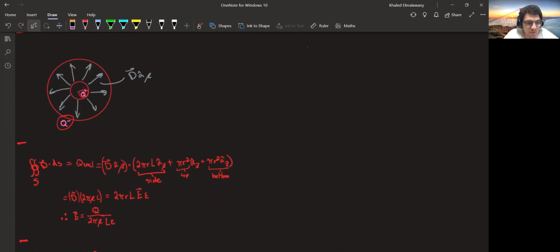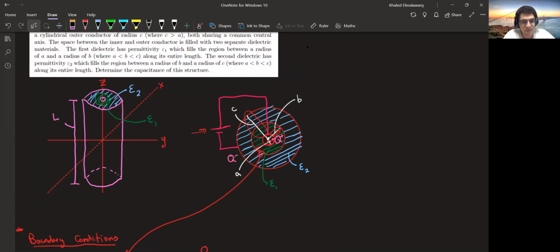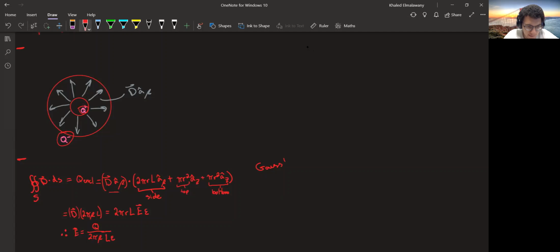Okay, now here we're just doing Gauss's law. So this closed surface that I chose would just be a simple cylindrical Gaussian surface around the cylinder that you see in that drawing here. So that means that I will have D, which we just denoted is the same throughout here, times the Gaussian surface. Now note that mathematically you can see that the only side that will be considered is the side.